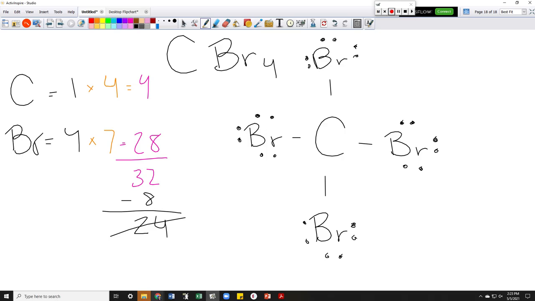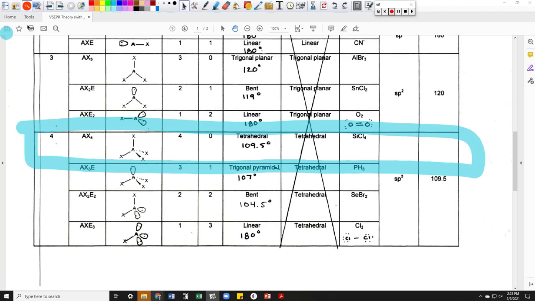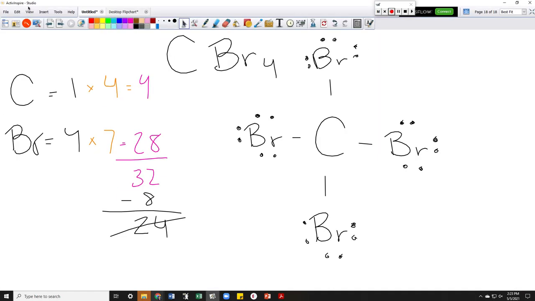Now consult your VSEPR theory sheet. And the interesting part is, I think I actually already have this perfect. Again, it's AX4. What is the shape name? Tetrahedral. What is the bond angle? 109.5. All right, but let's go ahead and talk about the shape. On the test, if you draw it like a cross, like I have it currently drawn, is it right or is it wrong? It's wrong.